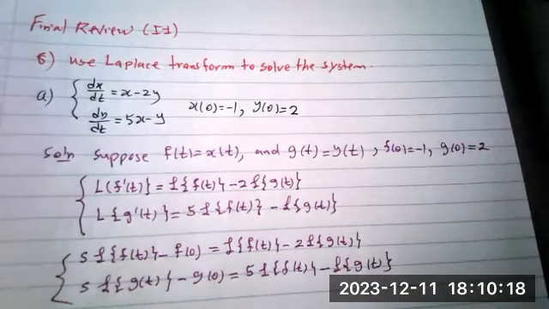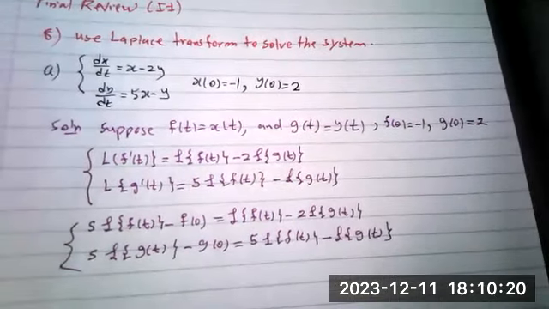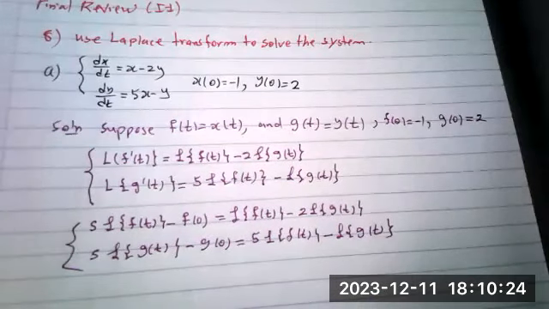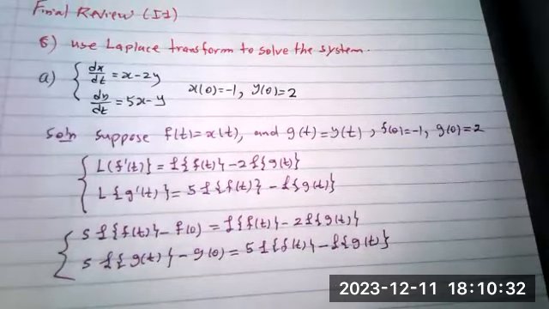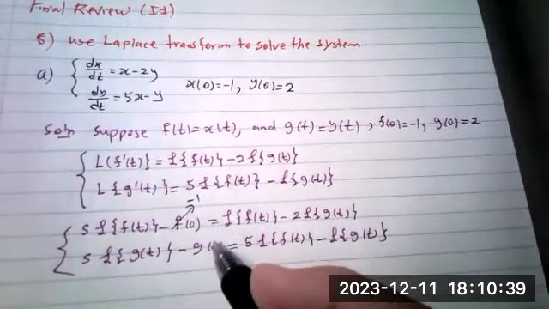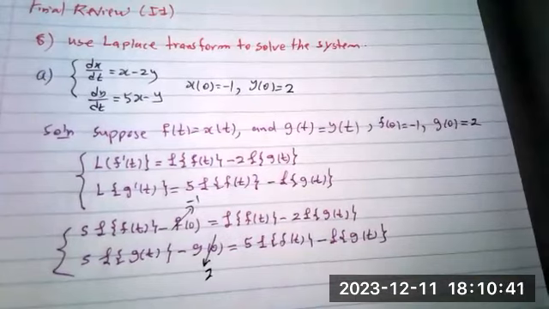Apply the initial conditions: f of 0 equals -1, so we switch this to -1, and g of 0 equals 2.